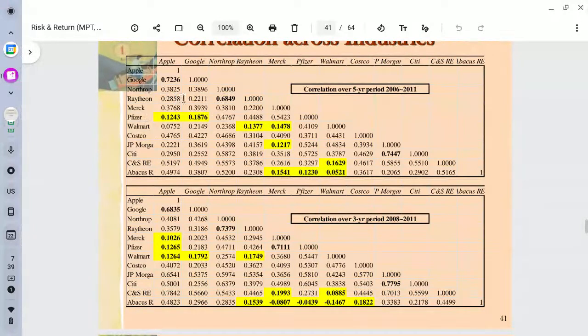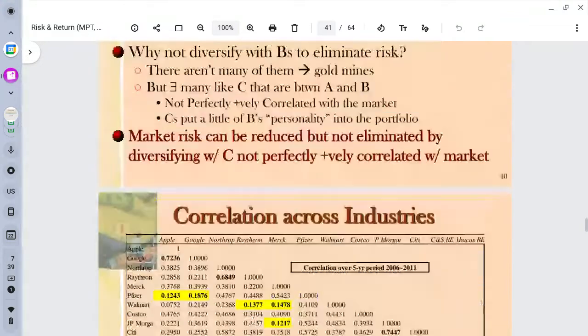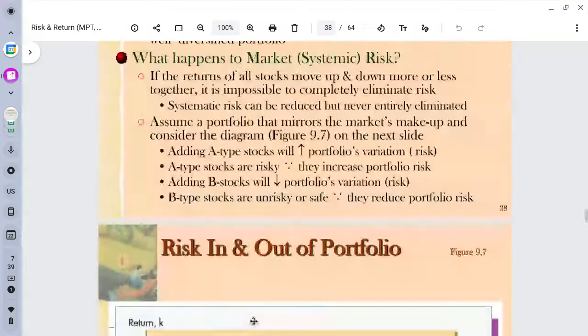Their correlation is about 68%, right? Merck Pharmaceutical and Pfizer Pharmaceutical are between pharmaceuticals. So check these, and these yellow highlighted ones are low correlated companies, industries that are low correlated.